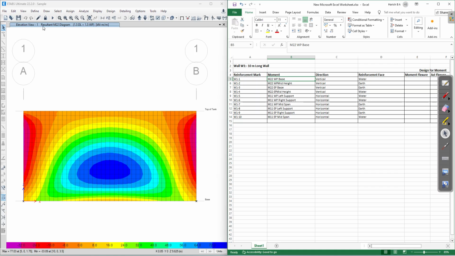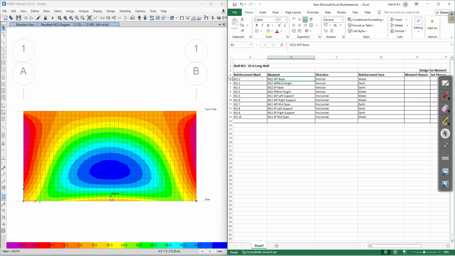Here you can see the title resultant M22 diagram, which means you are referring M22. M22 water pressure. You have the combination 1.5 DL plus 1.5 water pressure. Next is base. So you go to base of the tank.